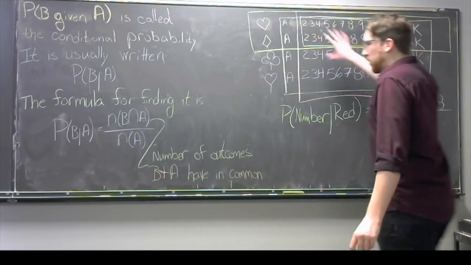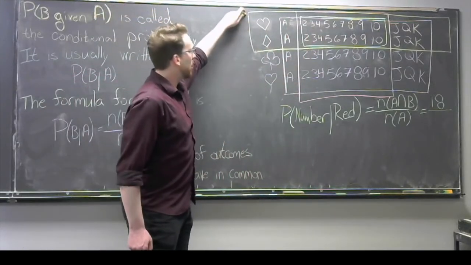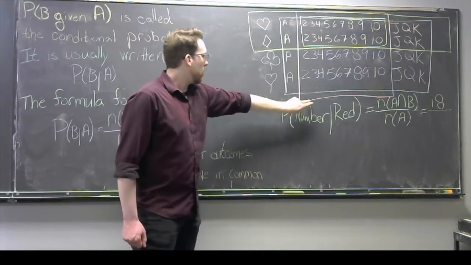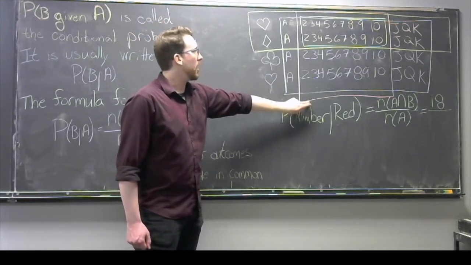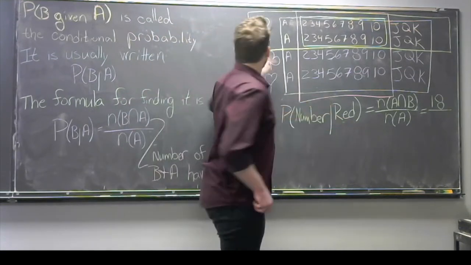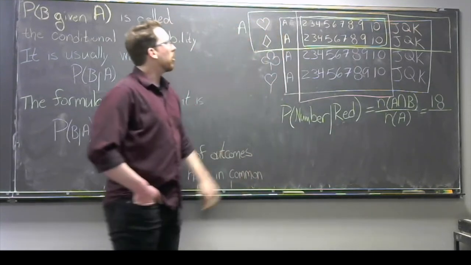So the question now is, which one of these two sets is set A, the set circled in yellow, or the set in pink? Well, A represents the red cards, so it would have to be this, right? So how many outcomes are there possible there?